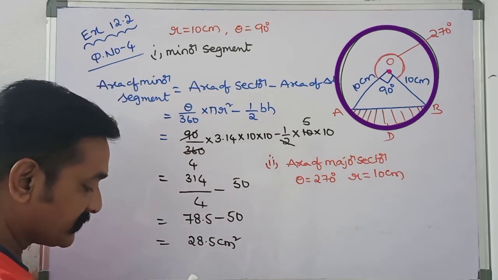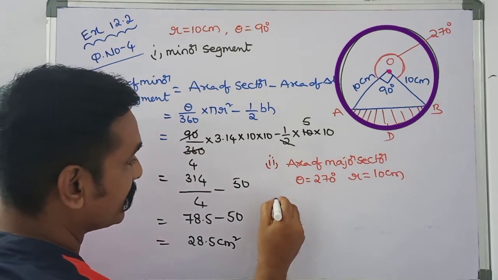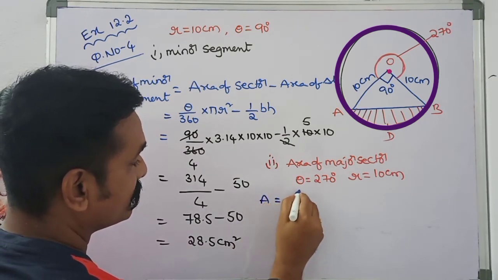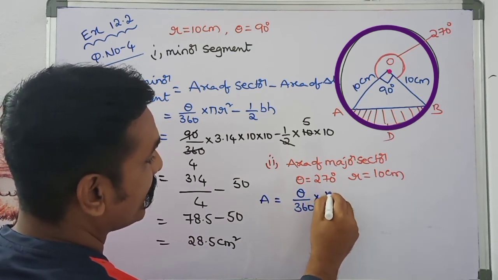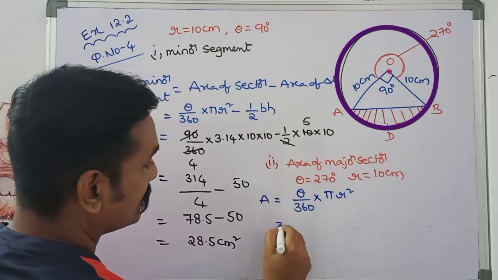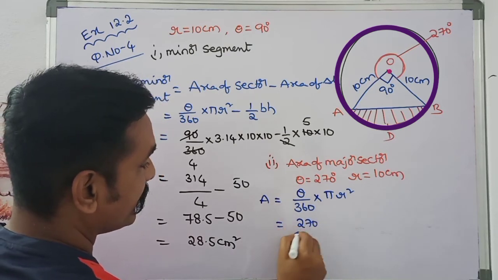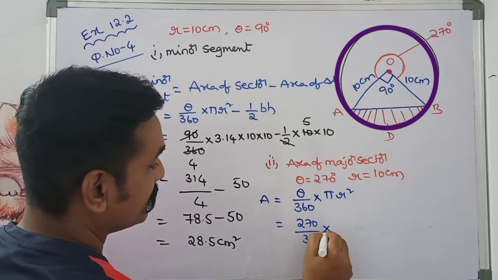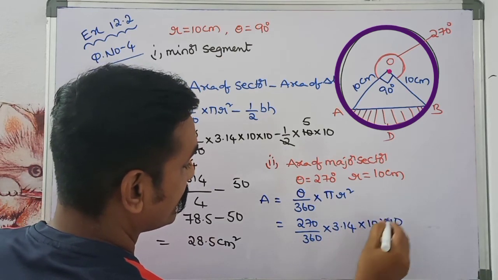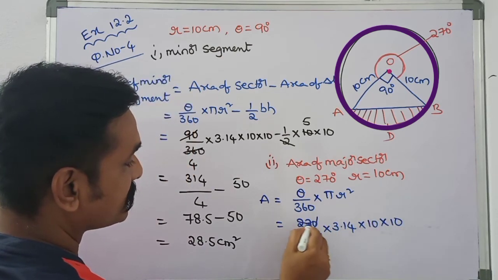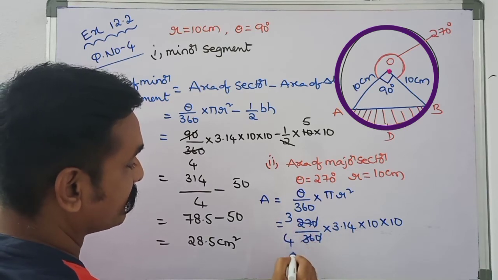Area of major sector, A equals theta by 360 into pi r square. So theta is 270 by 360 into 3.14 into 10 into 10. 0 0 get cancelled, 9 threes, 9 fours.